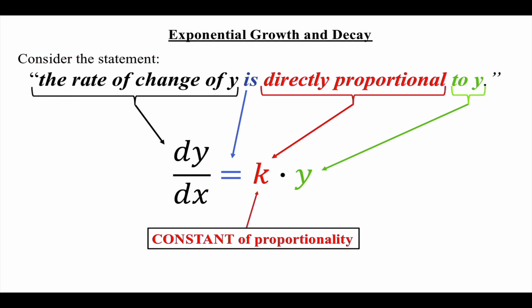Usually it's this part here: is directly proportional. Once you see that, you know it's exponential growth and exponential decay. All the problems we have today will have that. But when you're looking at a test of 40 problems, that's what you're looking for.